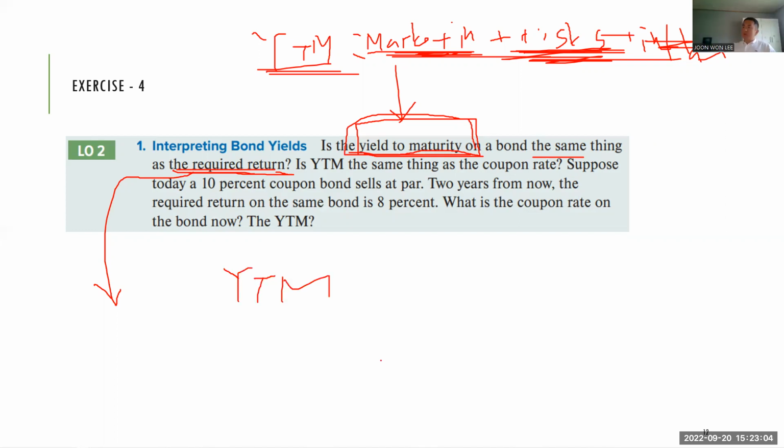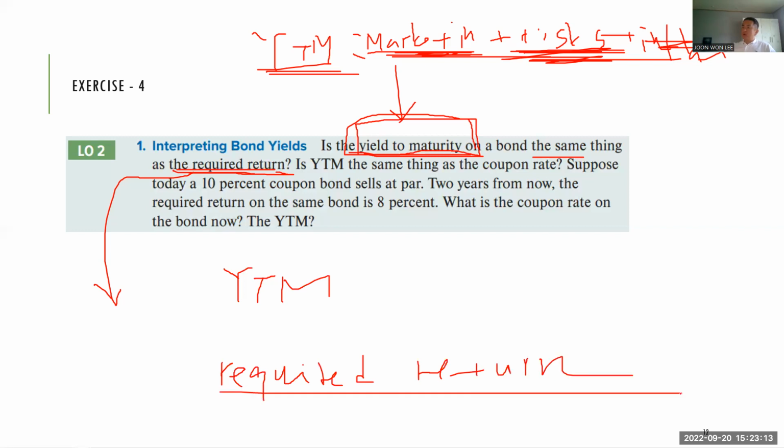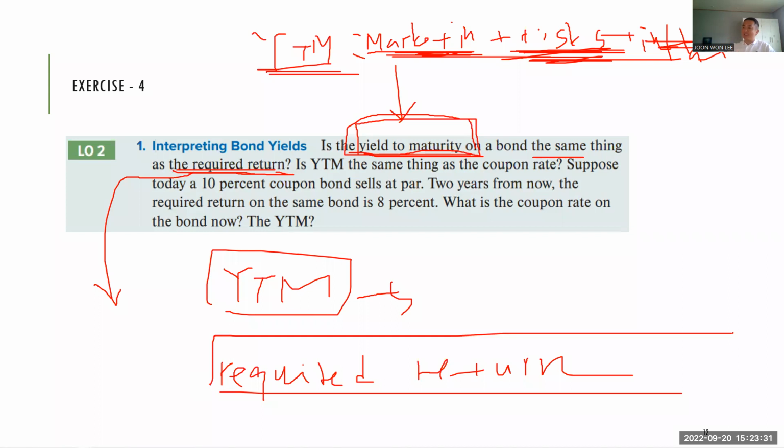Okay. Required return is a general term. But yield to maturity is a specific term, usually used in the fixed income market. Required return, as the name says, is the return you require, right?